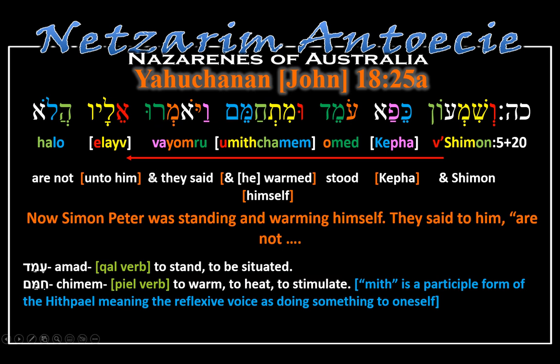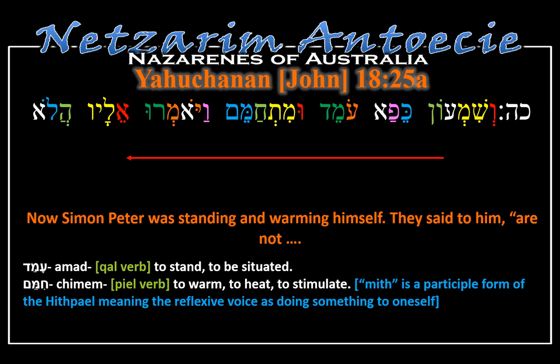Vayomru, and they said, Eleiv, unto him, Hallo. Now, the hey there is a questioning hey. So, are not. And the normal translation, now Simon Peter was standing and warming himself. They said to him, are not.